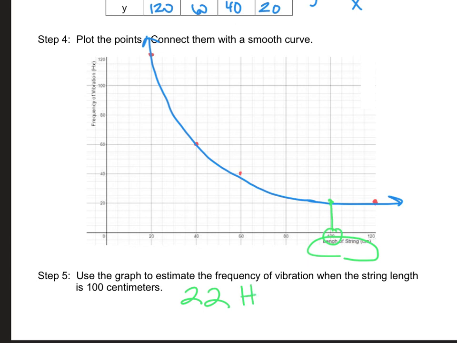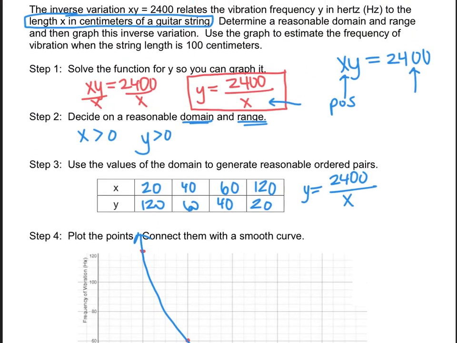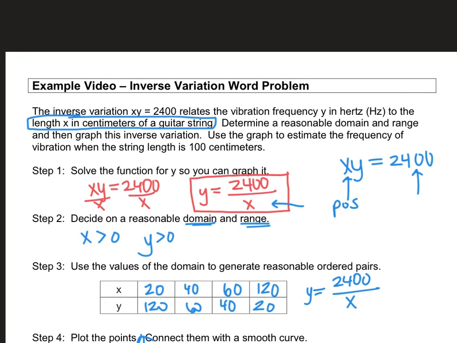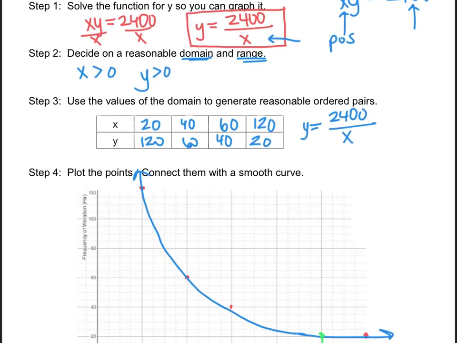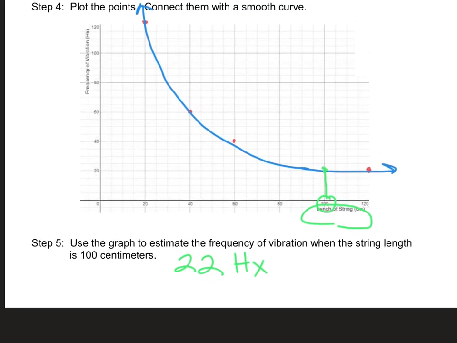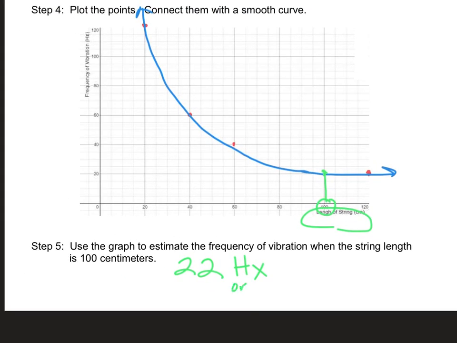Well, that looks like an HX on the axis, but I thought it was HZ on the word problem. Let's see. Yeah, HZ. Well, okay. I guess I'm not sure what the label should be. I'll put HZ. So we plotted it, we drew our graph, and now we can answer any follow-up questions like we just did in step 5.